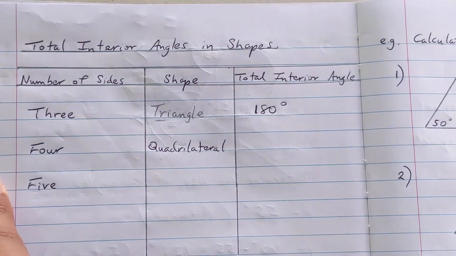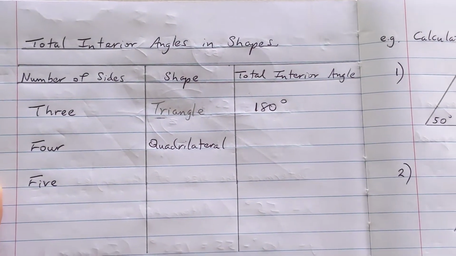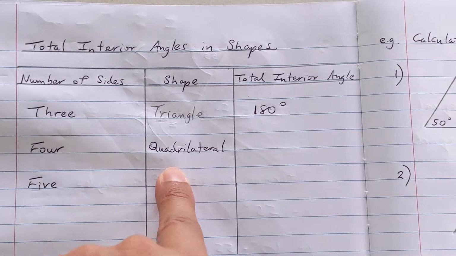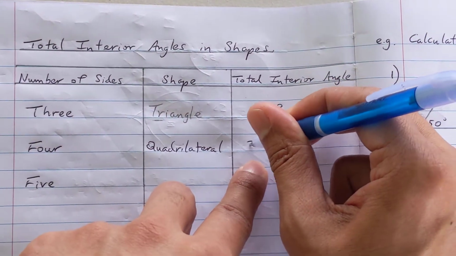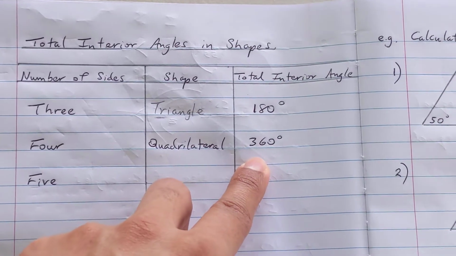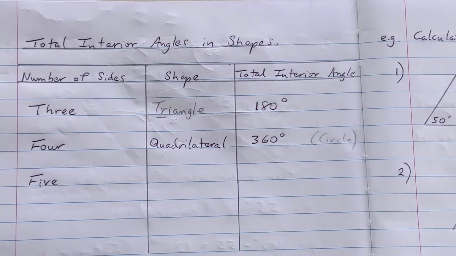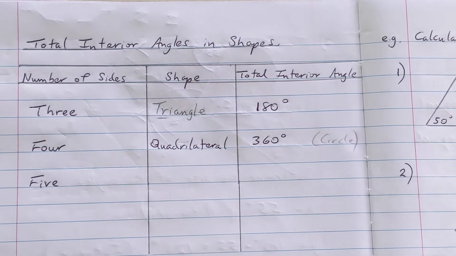So a quadrilateral, like a square, rectangle, parallelogram, rhombus, all of those are types of quadrilaterals or four-sided shapes. And the angles in a four-sided shape add up to 360 degrees, which just so happens to be the same amount as in a circle, by the way. Right, just for reference. And we can keep going.